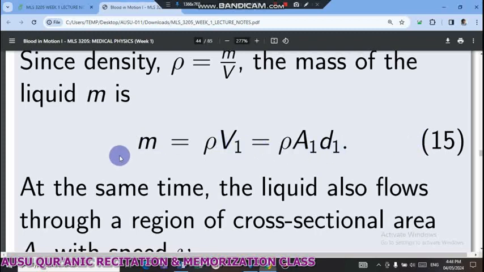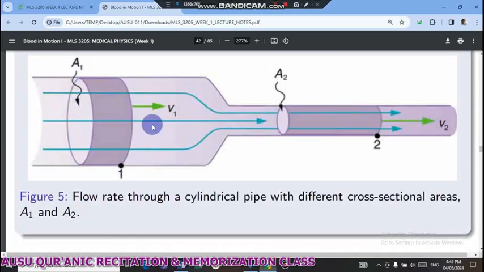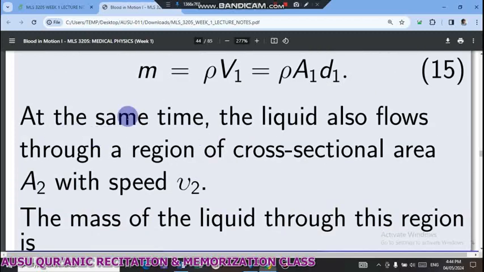Okay, now this is what we can do for this region where we have A1. Assuming the liquid now enters region 2, what happens? Let's hear what they say. They say at the same time, the liquid also flows through a region, meaning the time it takes to flow through that region, it also takes the same time to flow through region 2, of cross-sectional area A2 with speed V2.